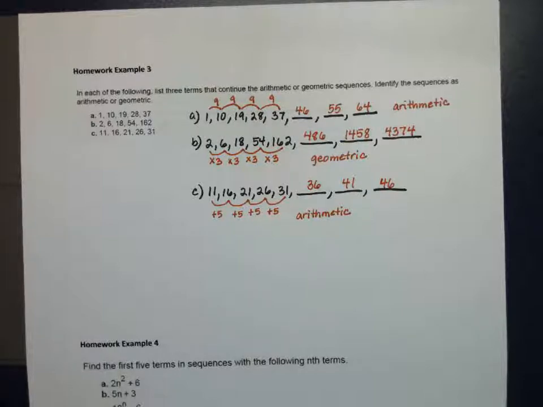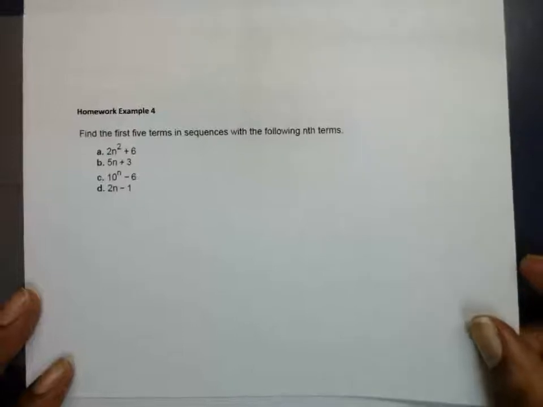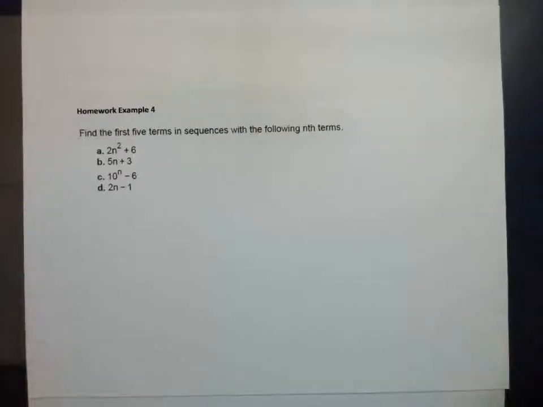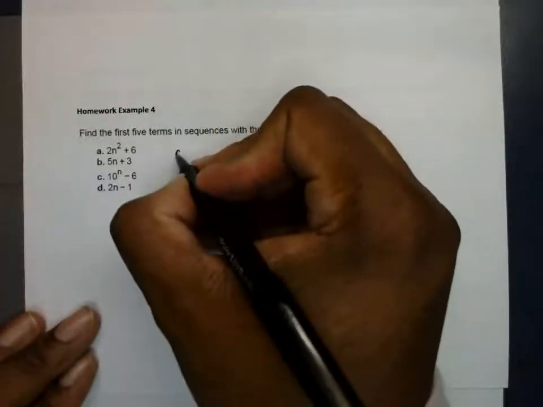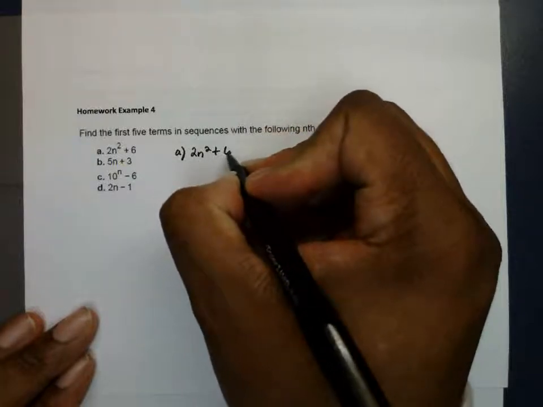Okay. All right, so the next example looks like this. Here we want to find the first 5 terms in sequences with the following nth terms. So in part A, I've got 2n squared plus 6.